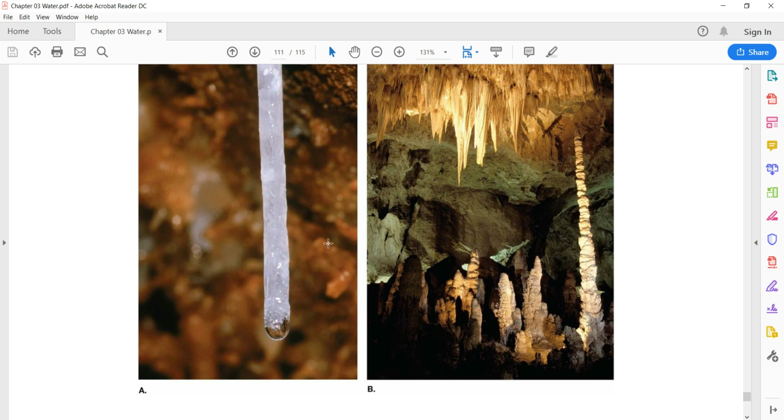This is called a stalactite, and here the CO2, as it escapes, will lead to some precipitation of calcium carbonate. So addition of carbon dioxide will lead to dissolution. Removal of carbon dioxide will reverse the process, and it will lead to the precipitation of mineral. So as the water drips, the CO2 escapes, and that will cause one mineral to precipitate.